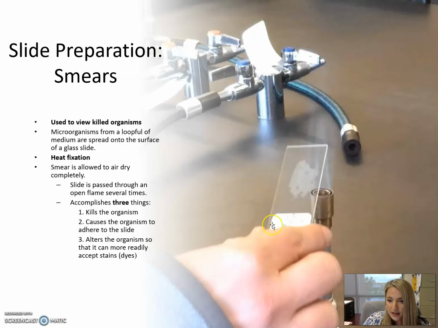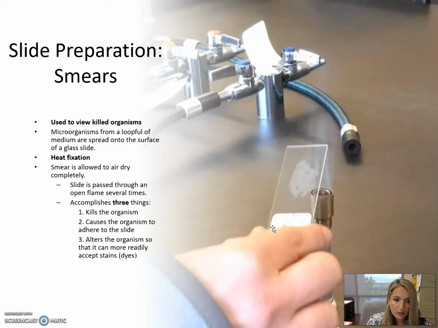This slide is going through heat fixation by being passed through the flame of a Bunsen burner several times, but you could also set this slide on a hot plate for 30 seconds or so, and that would also achieve heat fixation. Heat fixation is essentially just the process of applying heat to the slide, and it's going to accomplish three things.